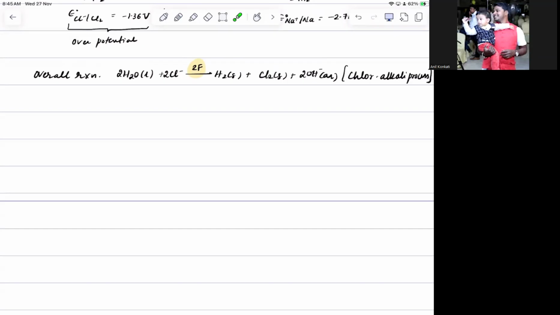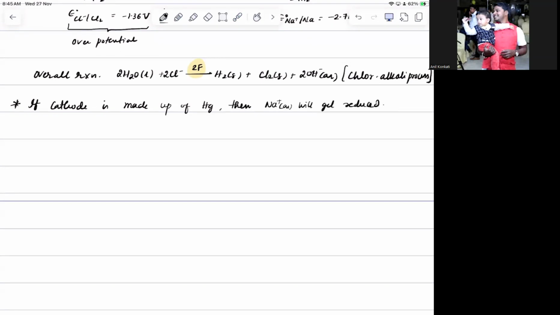See, one note we need to remember is this. If cathode is made up of mercury, then Na plus aqueous will get reduced.